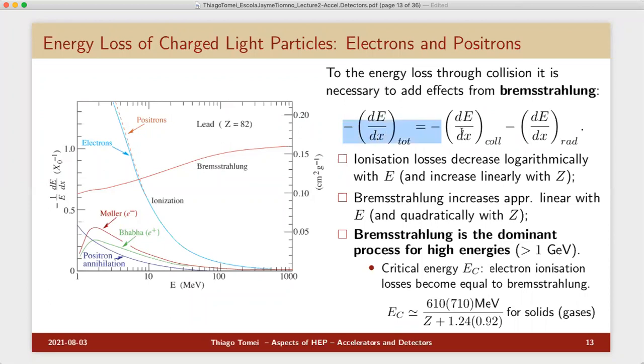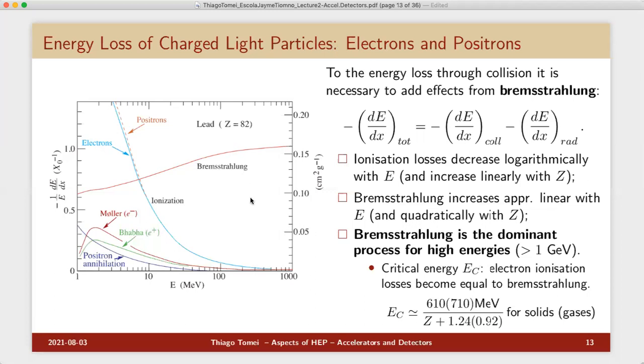So in addition to this Bethe-Bloch loss, which is more or less approximated by this collision term here, you also have the radiation loss, which is essentially effects from bremsstrahlung.